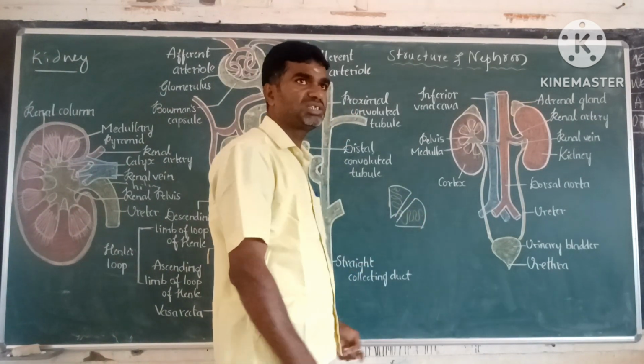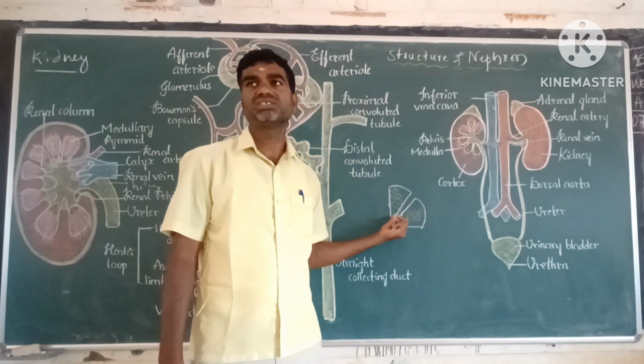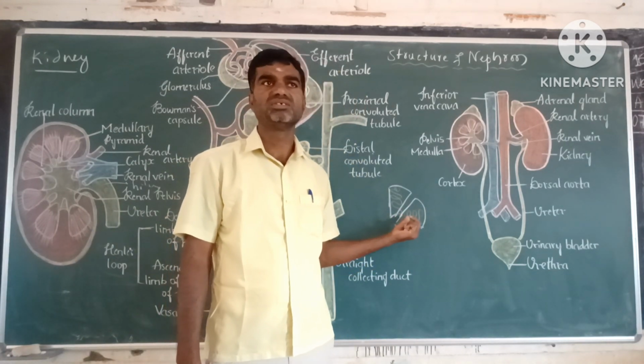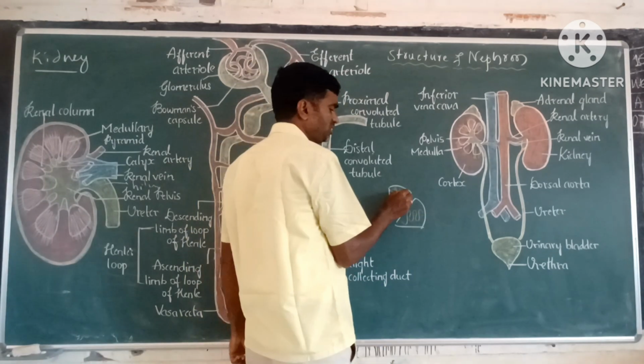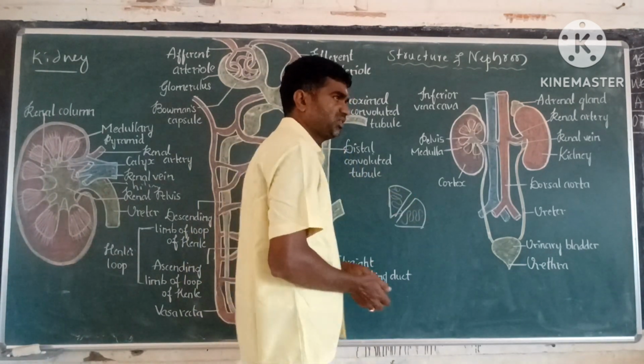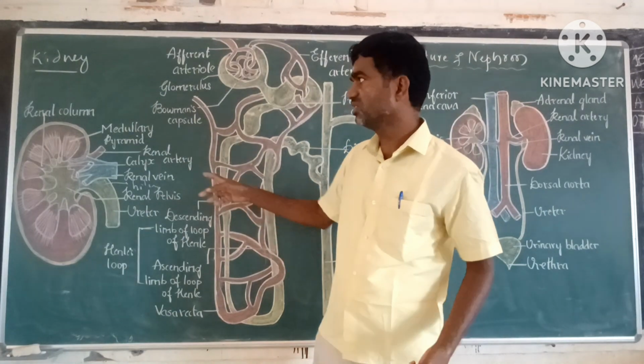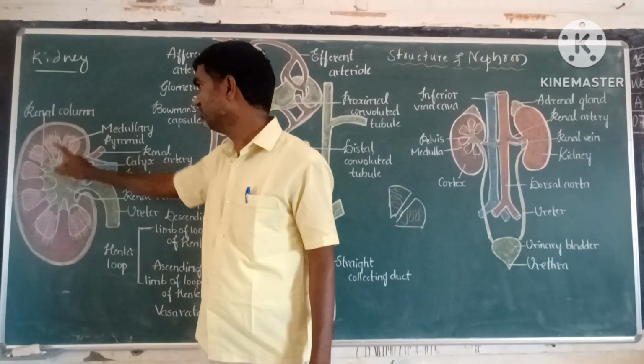How many nephrons are there? One million nephrons are present in human kidneys, in between the renal pyramids.